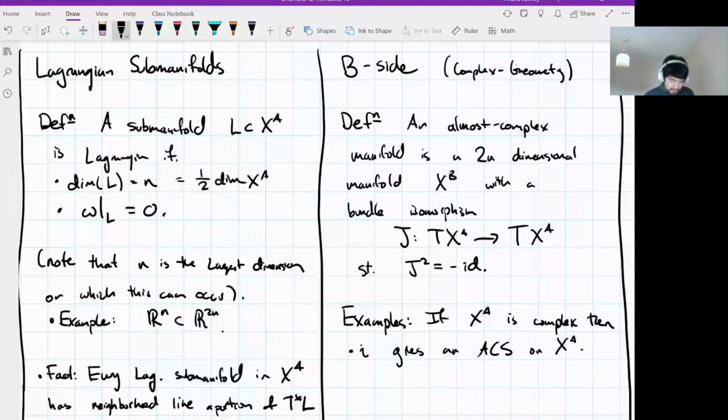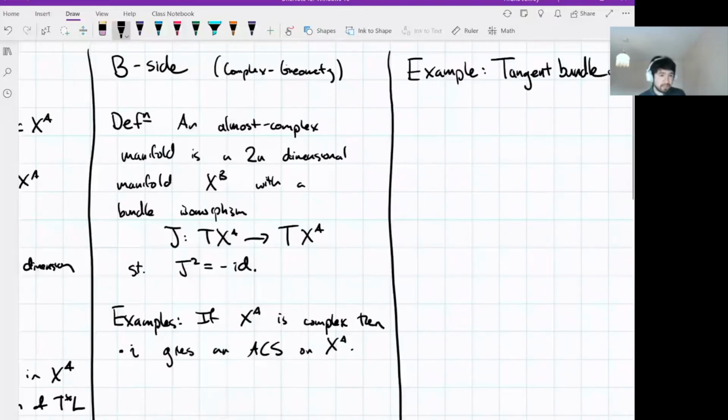So the main example that I have in mind comes from tangent bundles.